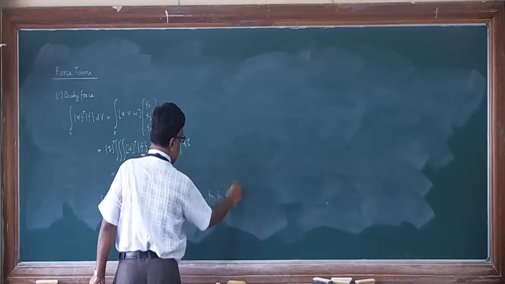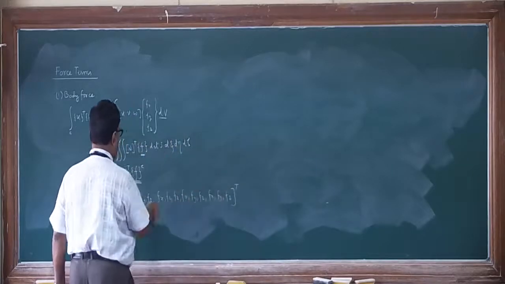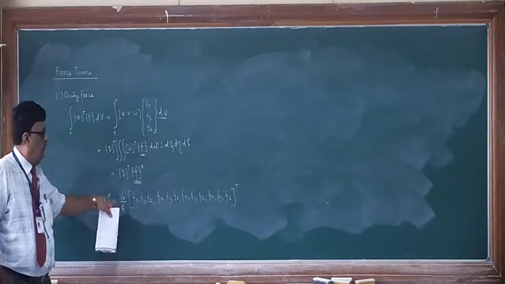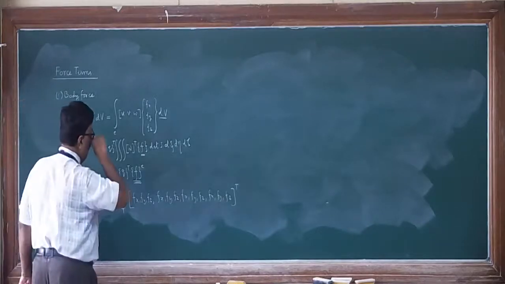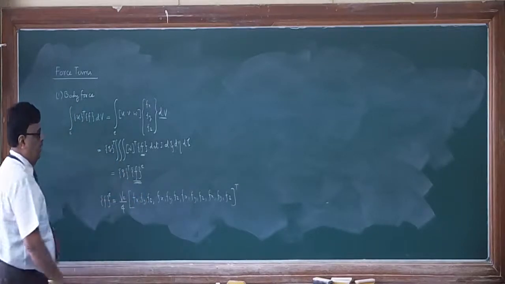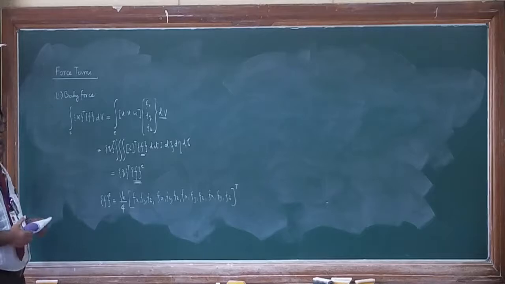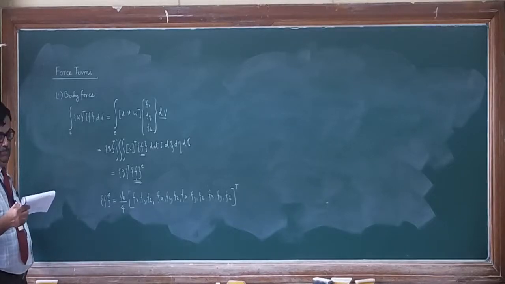So all these three components, in all the things will be equal. V by 4, total volume upon 4. One fourth of the total volume of body force is going to be distributed in all the 3 directions of the nodes.